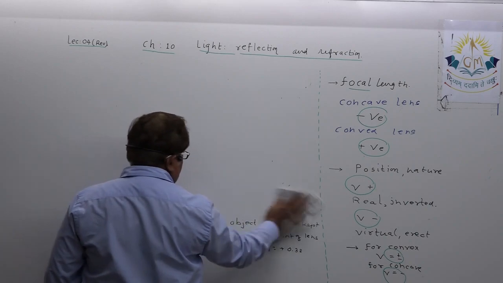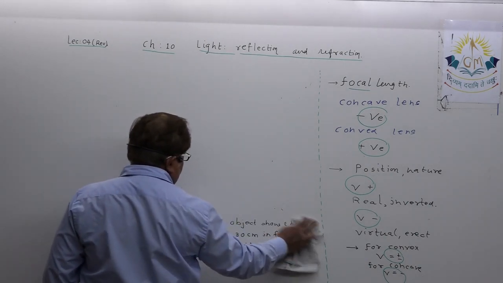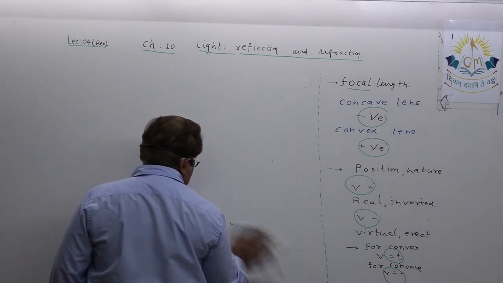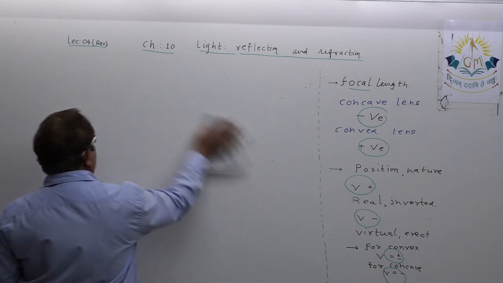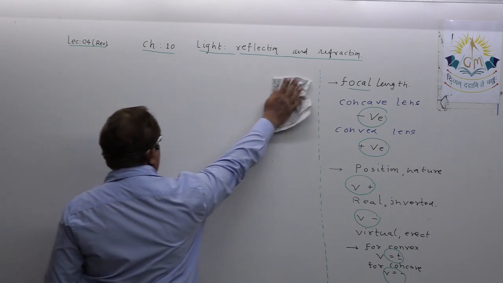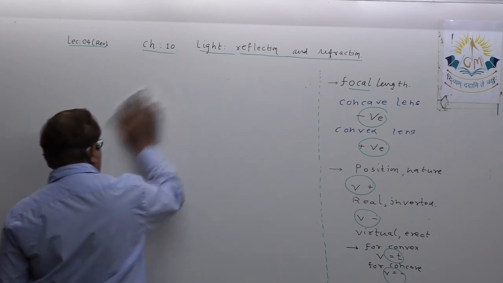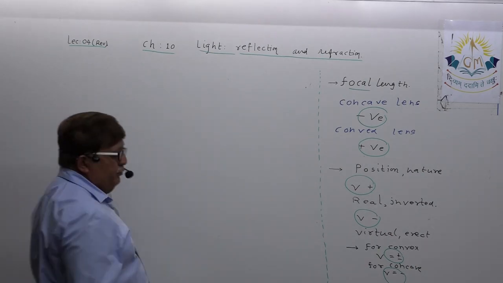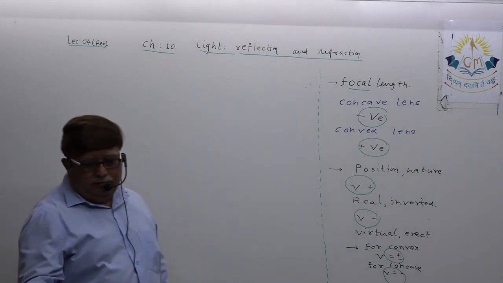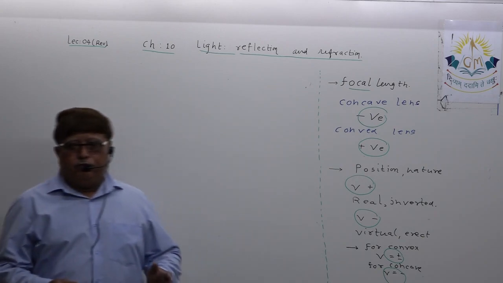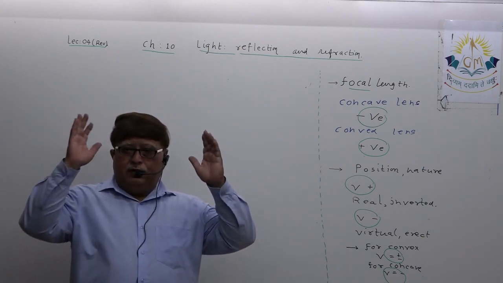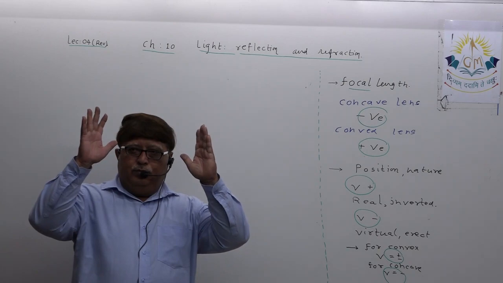Whenever you come across any example regarding lens, dear student, the moment you read the word concave or you read the word convex, I suggest that all images have to start revolving around your brain.